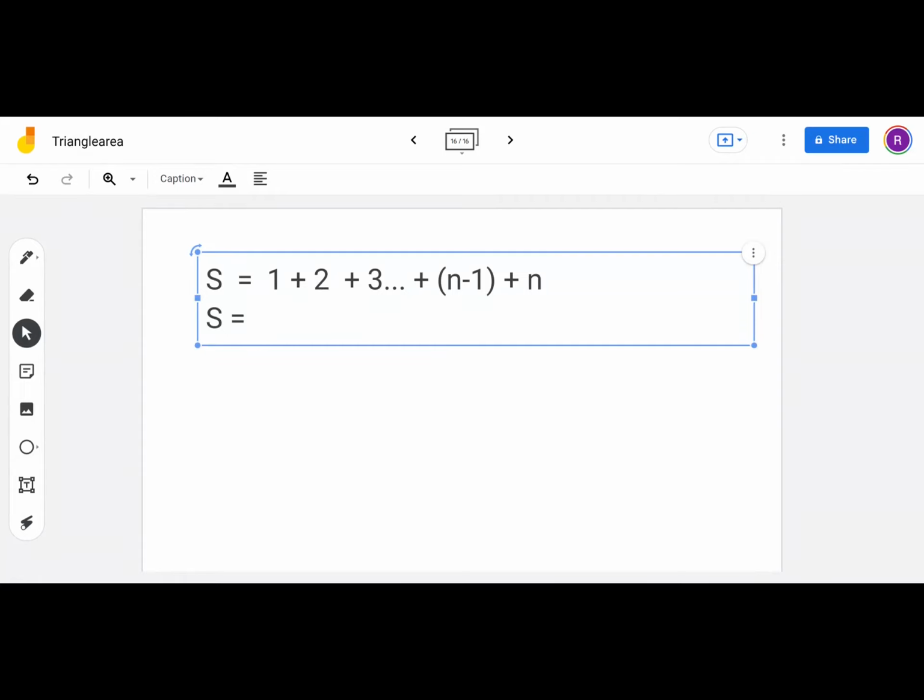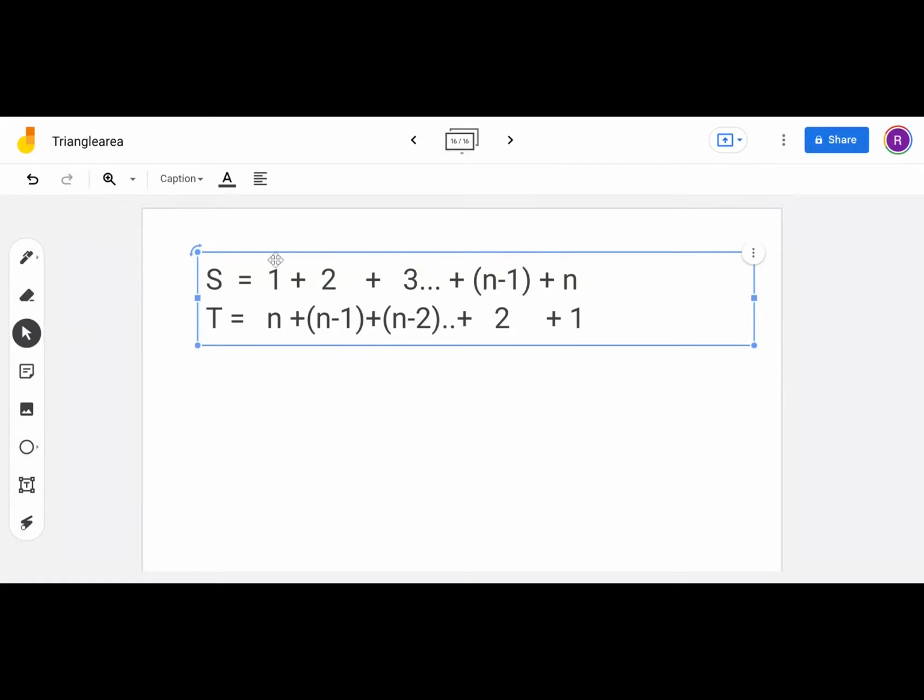So for the upper left triangle, the columns are n, plus n minus 1, plus n minus 2, and so on, plus 2, plus 1. Let me call this P.